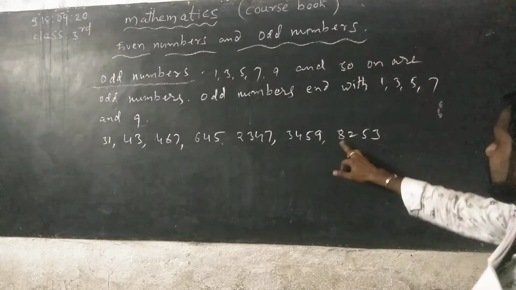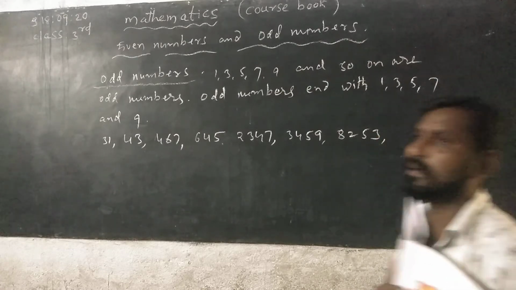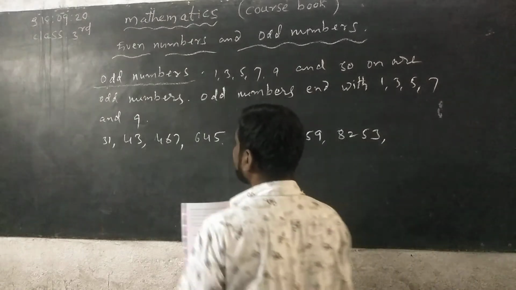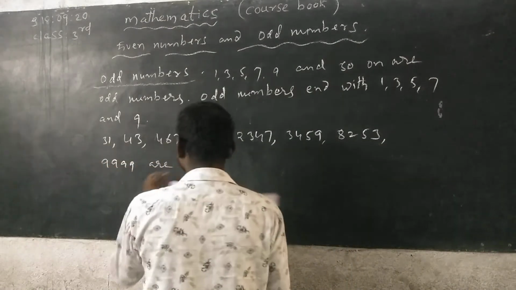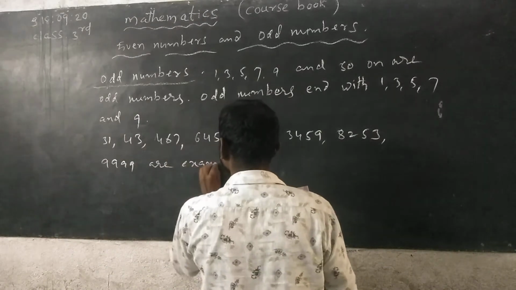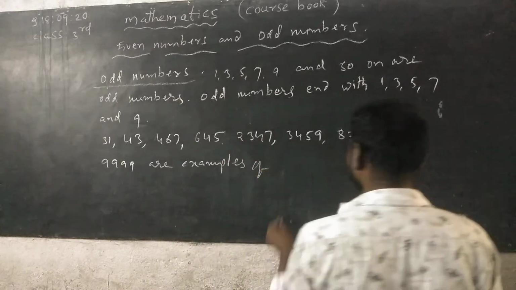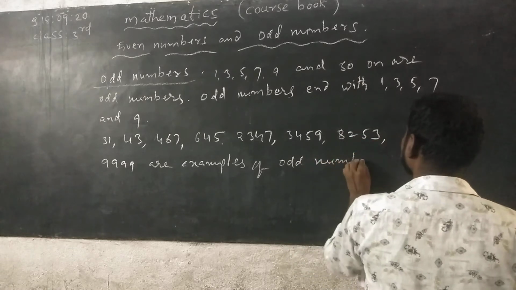See, 8253 ends with 3, so it is an odd number. Now next 9999 are examples of odd numbers. Very simple.